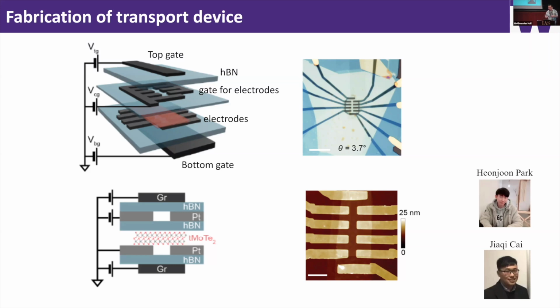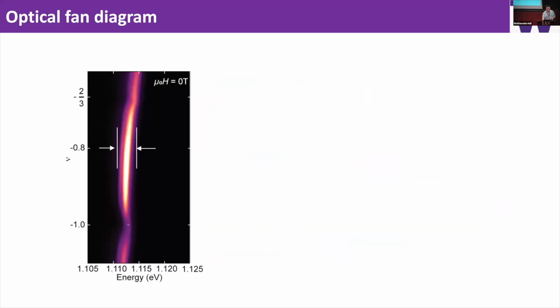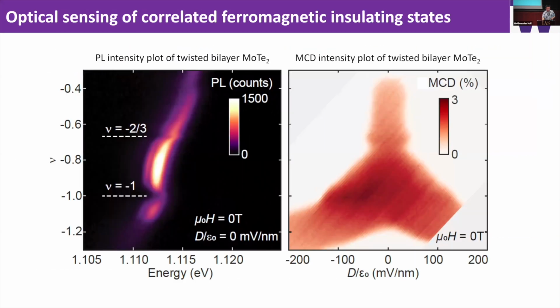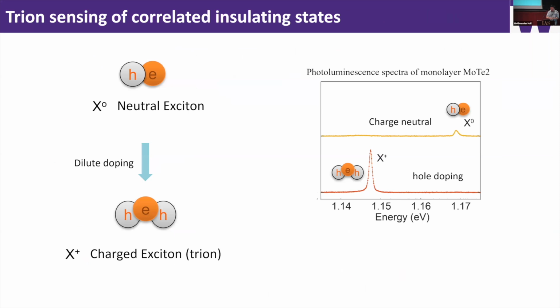You can think of what I was drawing here, in the 2D limit. You can have an electron in the middle, flanked by two holes on both sides, so that this particle is energetically lower in energy compared to just charge-neutral excitons, because of the distribution of the hole and the electron.